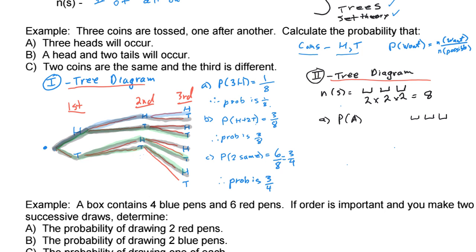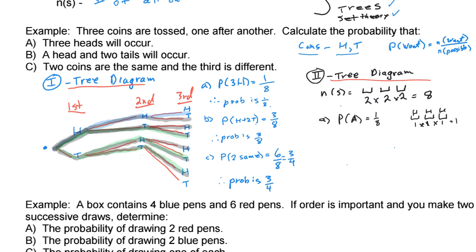So that's literally HHH, which is exactly 1 times 1 times 1. So the probability is 1/8, just like we expected, because we take the number of possibilities, which is 1, then we divide by 8, so we end up with 1/8.